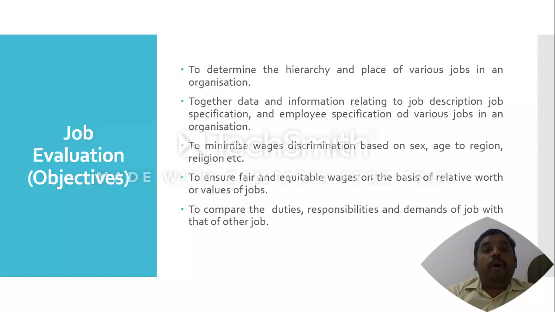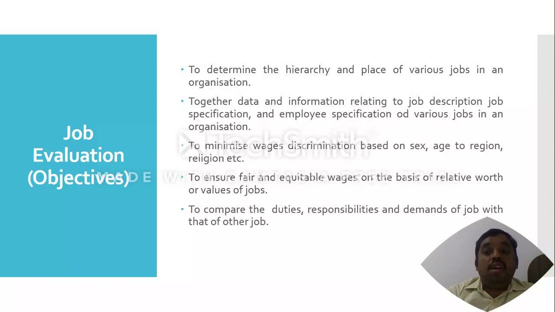So they compare the duties from one employee to another, and the responsibilities. As I said before, authority and responsibility are very important for every individual employee in an organization. No employee is free from authority and no employee is free from responsibility. Everyone has a role of authority and responsibility to go on together.